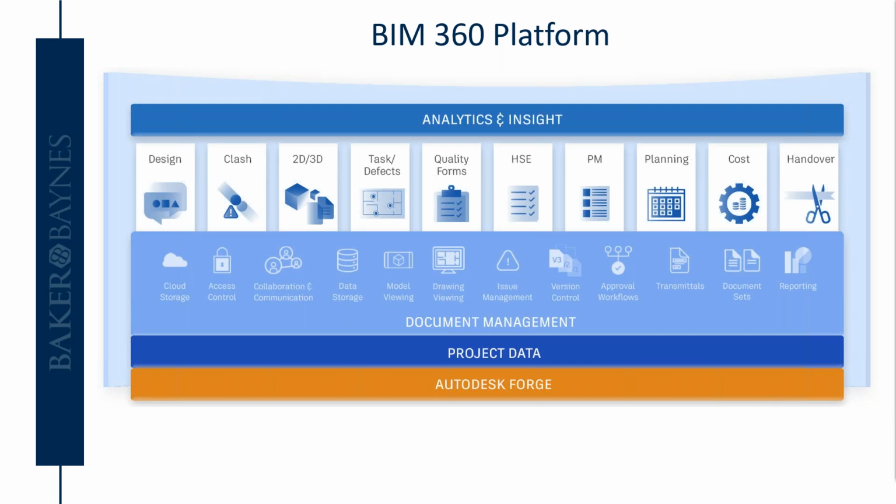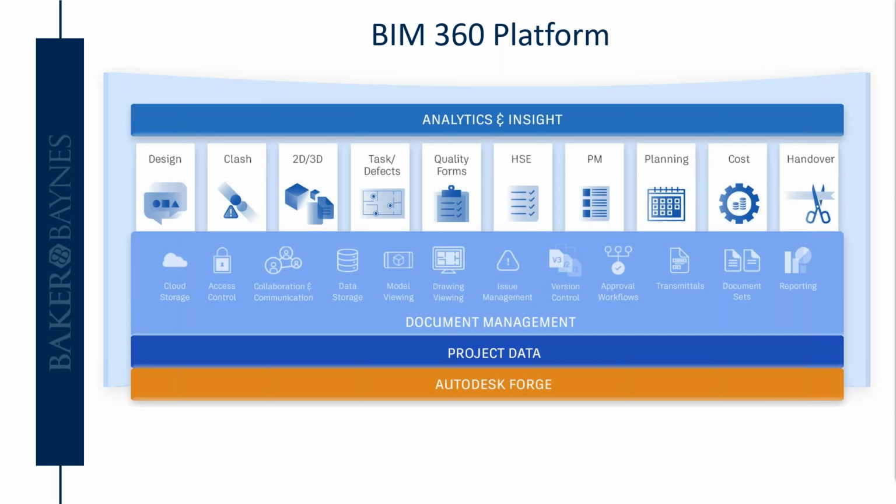If we have a look at the BIM 360 platform, we can see here a breakdown of the various workflows that happen within BIM 360. Design, clash detection, 2D and 3D viewing, planning, etc. These are examples of it. And with all of these, we can see that there is an underlying collection of project data in order to help give better analytics and also insights on projects.